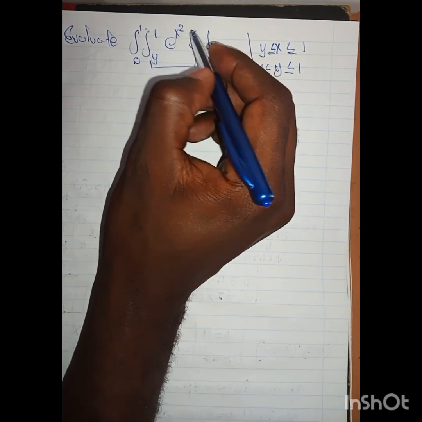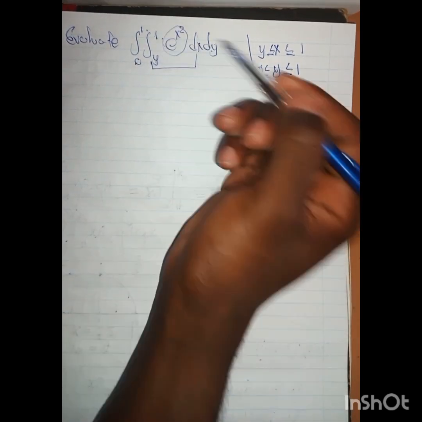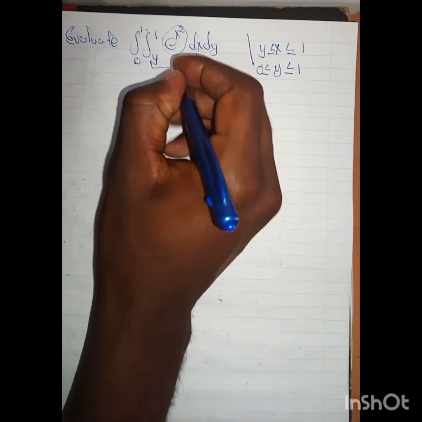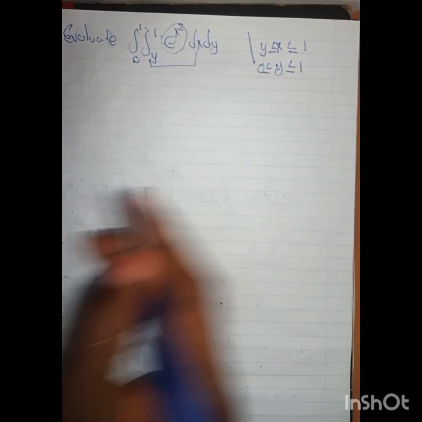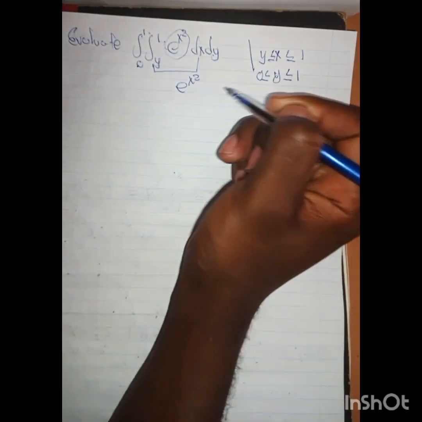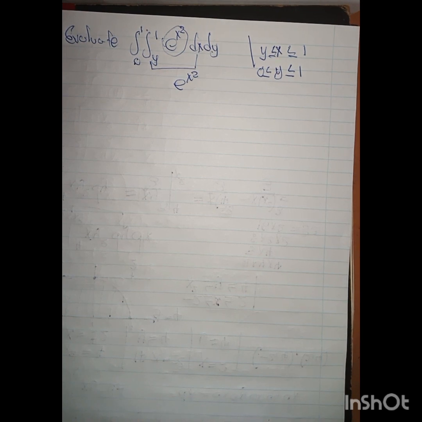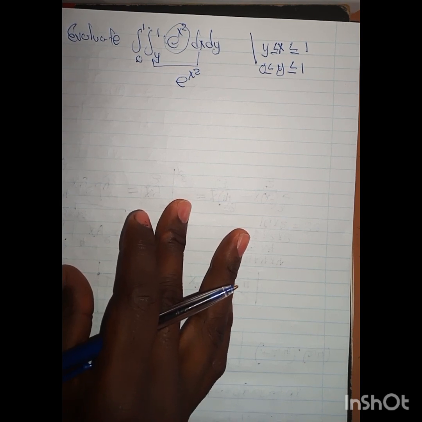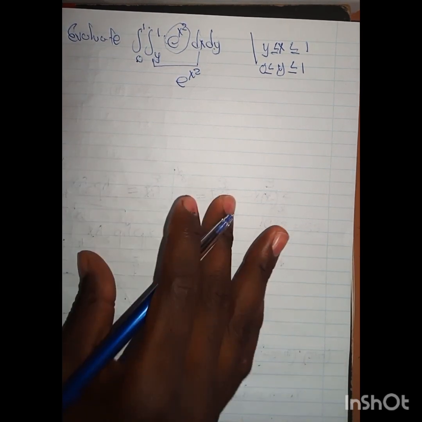By looking at this particular problem, it is not easy for us to integrate this part because we don't know the antiderivative of e to the x squared. How then can we solve these particular problems? In order to solve these problems, we need to reverse the limits of integration.